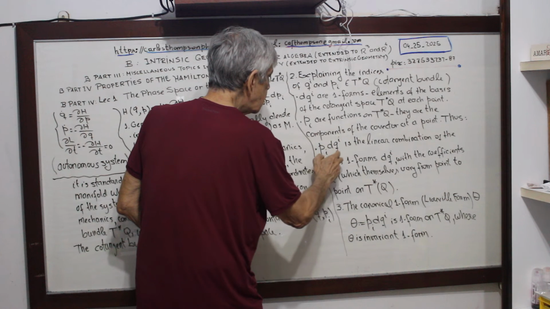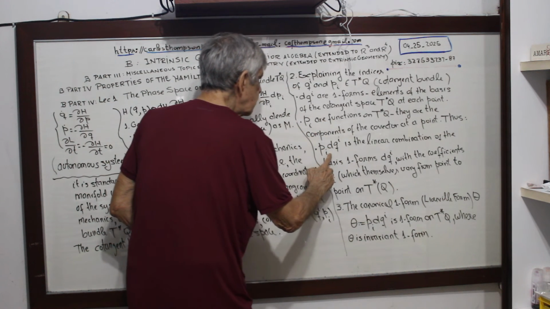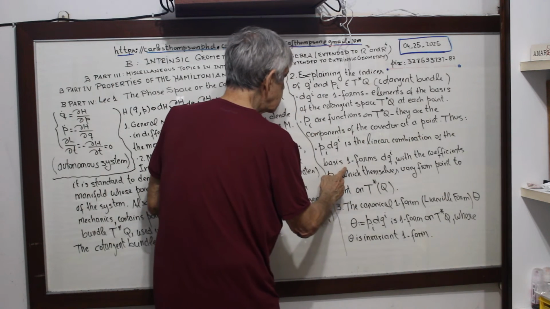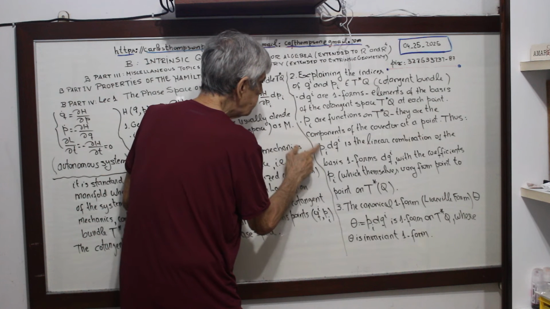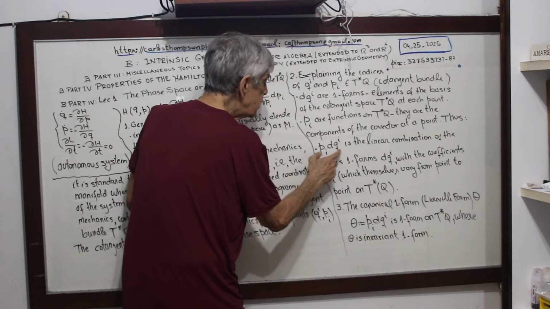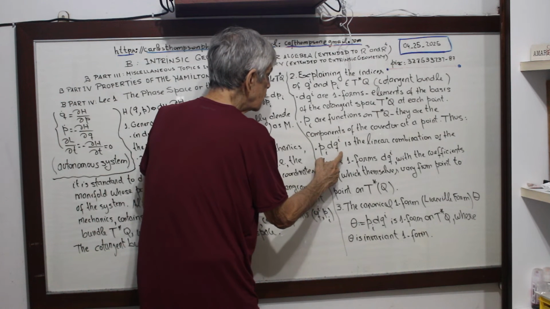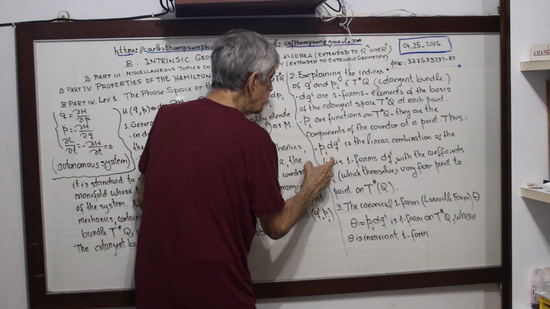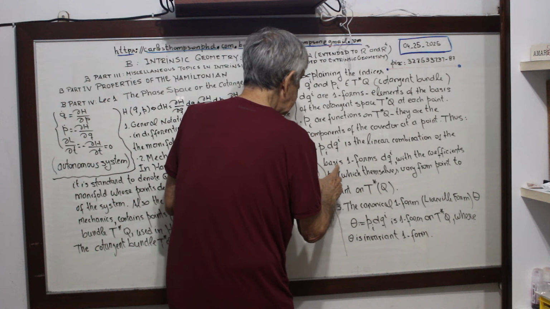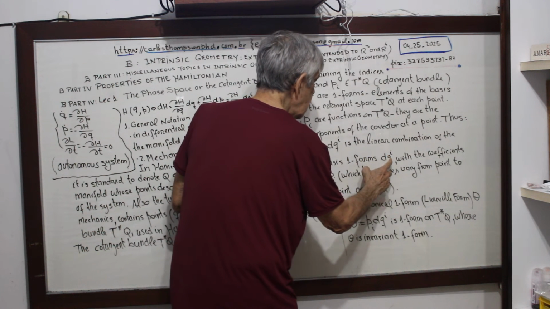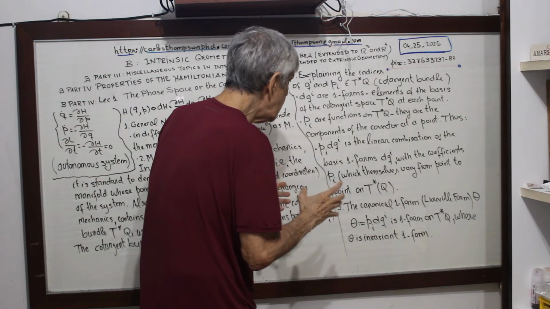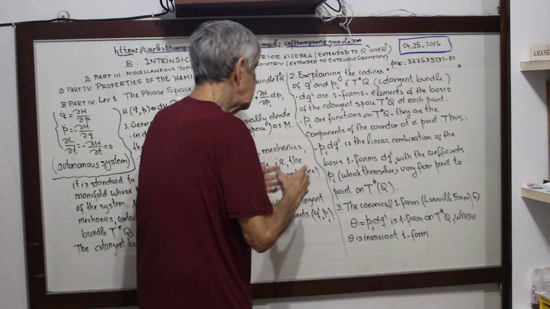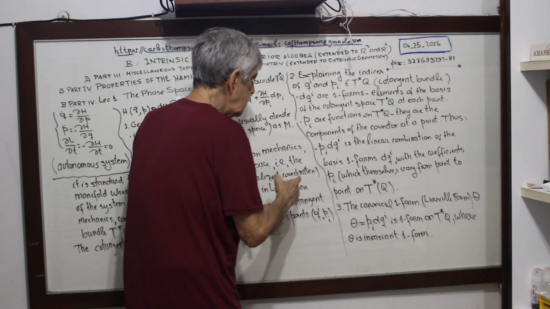Thus p_i dq^i, where i is a dummy index, is a linear combination of the basis. Look, p_i are functions and dq^i are basis vectors. This is a linear combination, p_i dq^i, and this is a one-form.